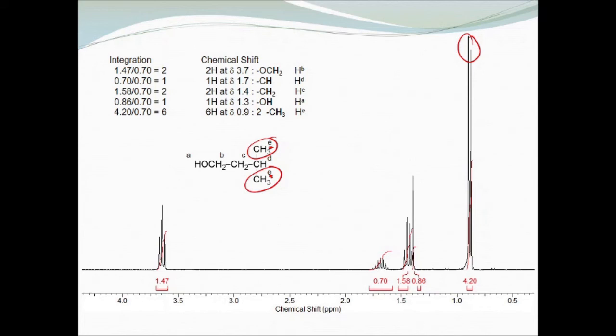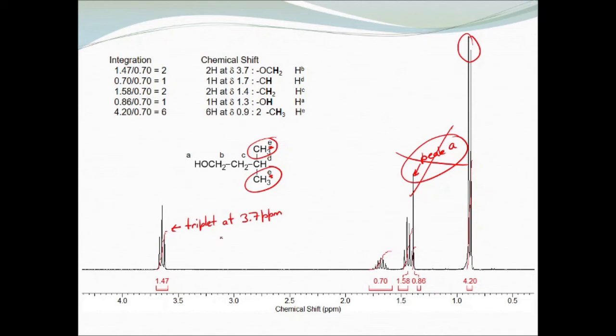And keep in mind when we are referring to the labels, those are to the hydrogens, not peaks. We do not refer to a peak. For example, we would not call this peak A. Peaks already have labels. That is the chemical shift. If you're going to refer to a peak, you refer to it, for example, as the triplet at 3.7 ppm.